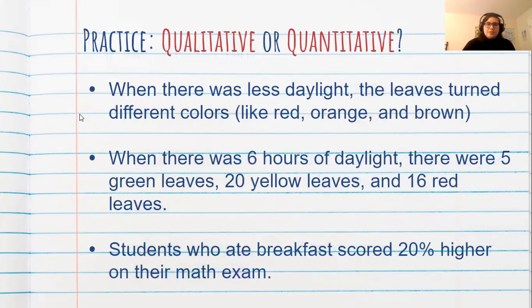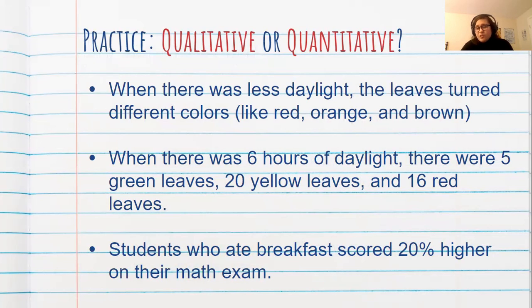Again, some examples. When there is less daylight, the leaves turn different colors like red, orange, and brown. This is an example of qualitative data. Because we're only talking about colors, there's no numbers involved. Another example, when there were 6 hours of daylight, there were 5 green leaves, 20 yellow leaves, and 16 red leaves.